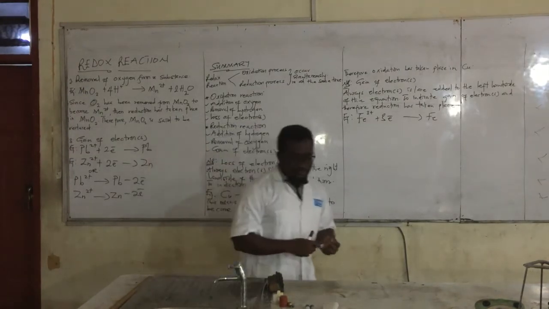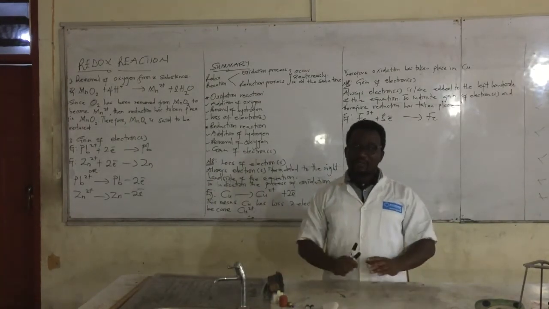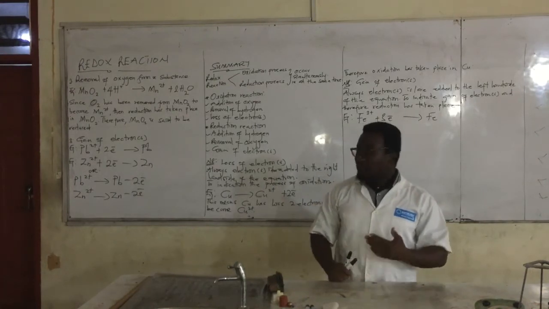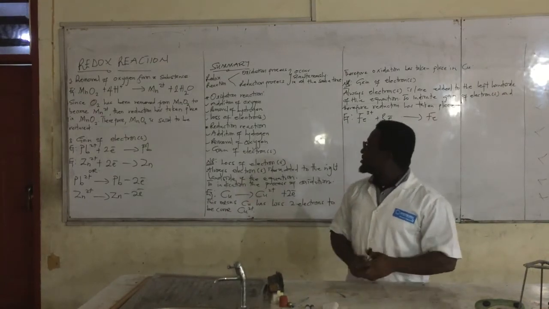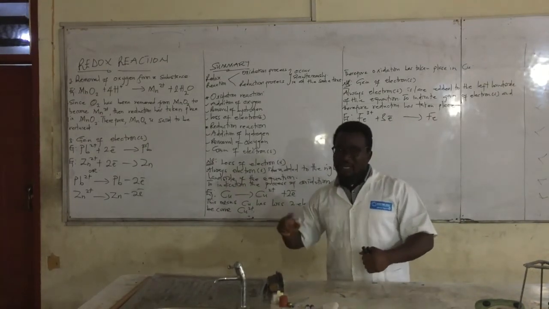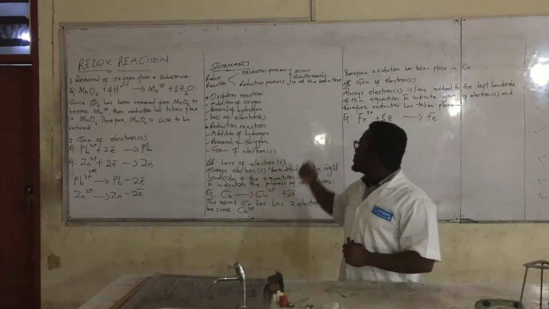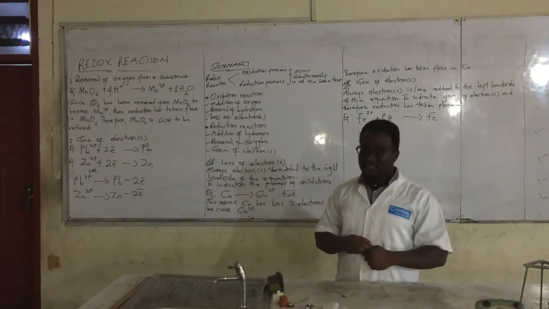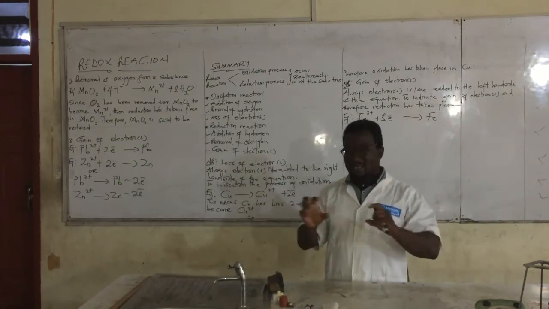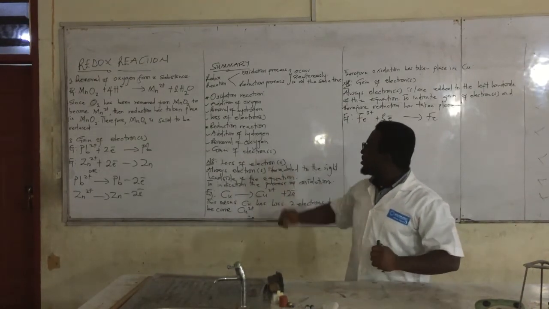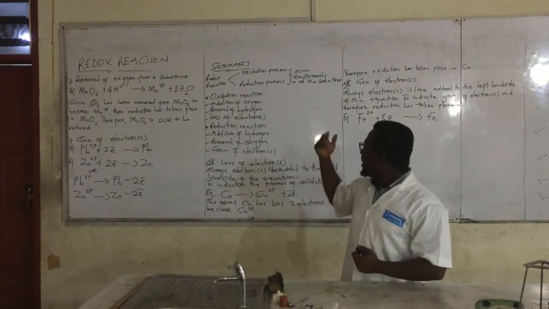Now, today we have come to study redox reaction. That is the first part of redox reaction, or the introductory part. We have been able to know that when we talk about redox reaction, we are talking about two processes which occur simultaneously, which are oxidation and reduction. And we said it occurs simultaneously, which indicates that it occurs at the same time. Now we have talked about oxidation reaction, which is addition of oxygen, removal of hydrogen, and the loss of what?